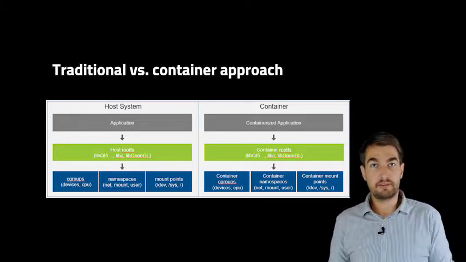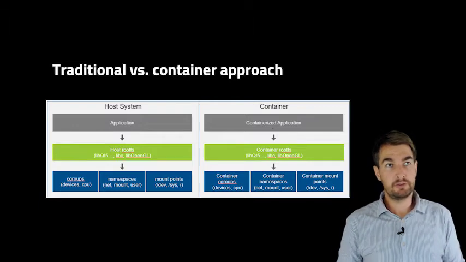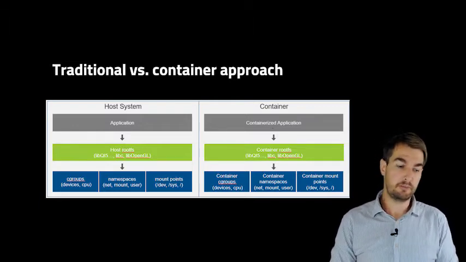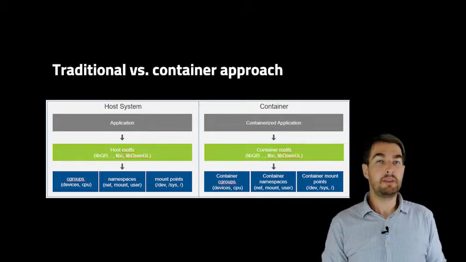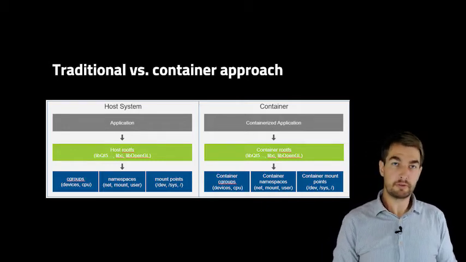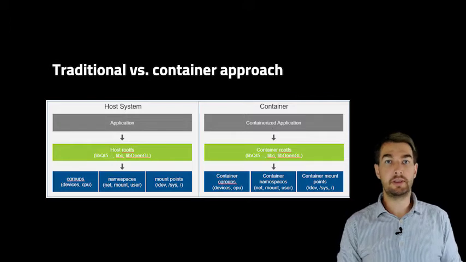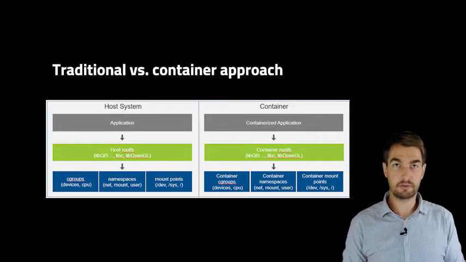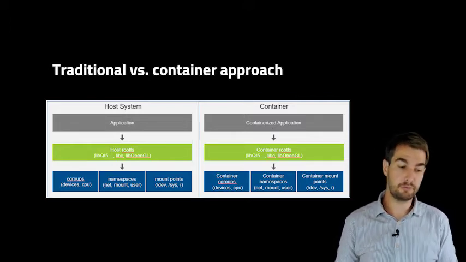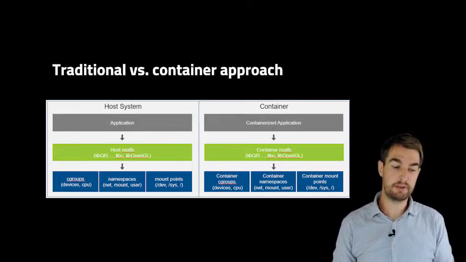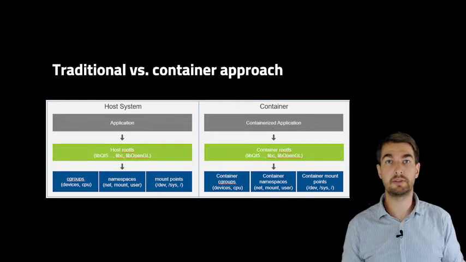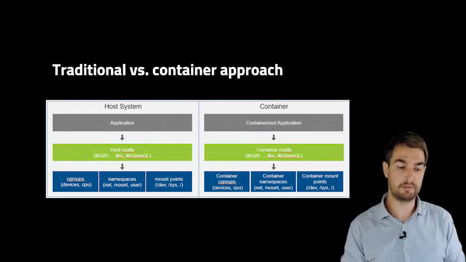The other thing that is nice, and that's the isolation part that I was talking about in the previous slides. By default, if you start a container, it will start this container in a different namespace, and it will start it with different C groups, so that you have kind of an isolation, so that the container, for example, doesn't see the processes of the host system.